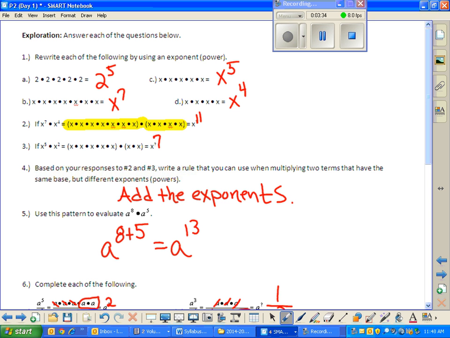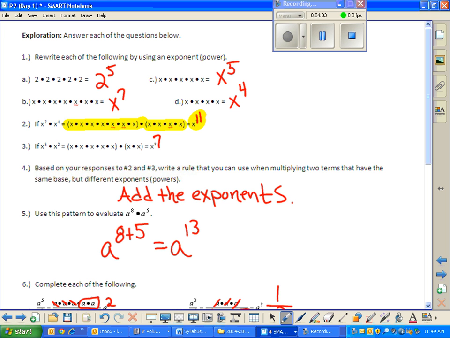Well, based on the property that we talked about in class yesterday, known as the associative property for multiplication, you could regroup these parentheses however you want. But what's going to remain the same is the fact that you're taking a product of 11 x's multiplied together. No matter what you do with the parentheses, you're still multiplying 11 x's together. So what we actually end up getting for our answer there is x to the 11th. Same thing with number 3.